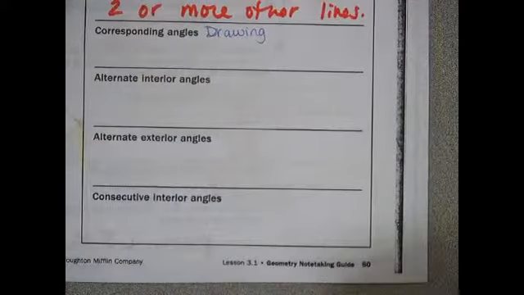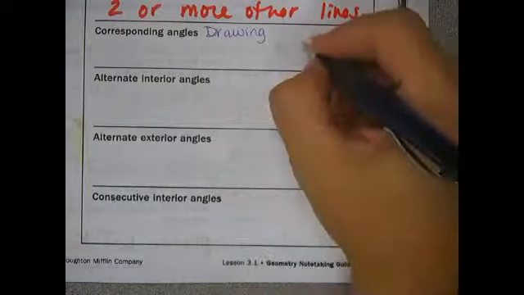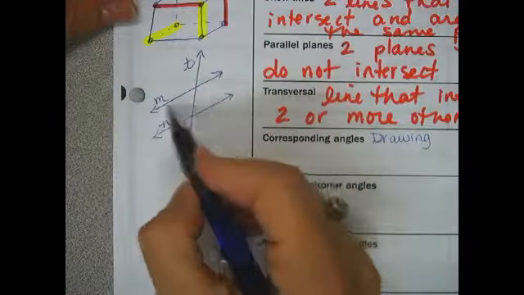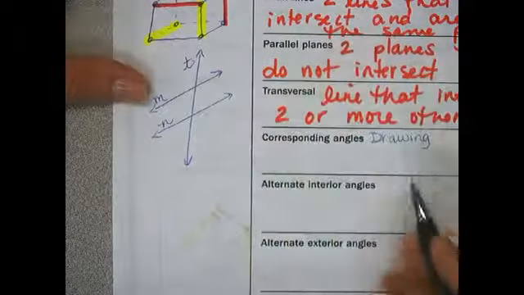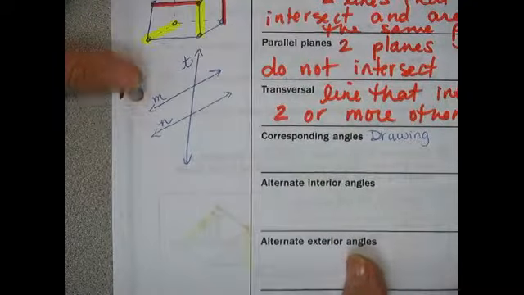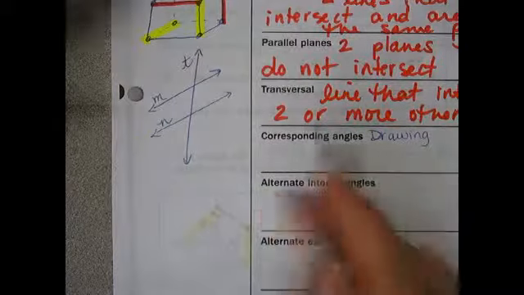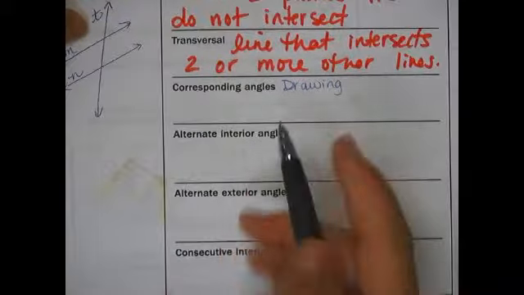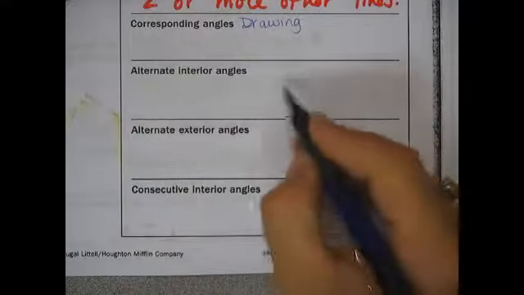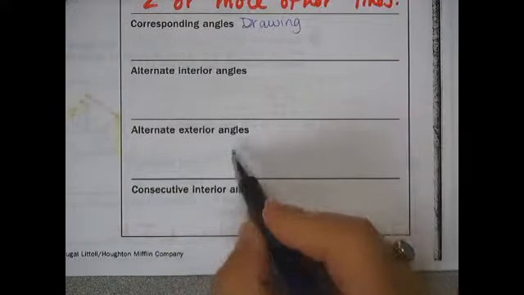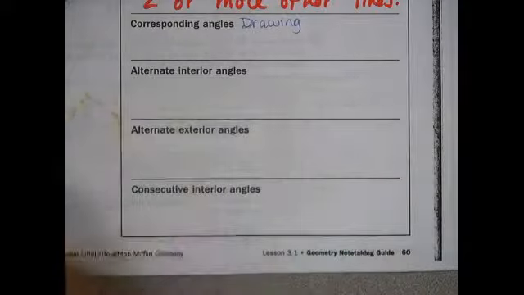Okay, when you're finished, please go back to the very first page, and as a quiz, without flipping back, can you please do a drawing and label two corresponding angles? So your drawing's going to have to look something like this. You have to have two lines and then a transversal that intersects the other two.